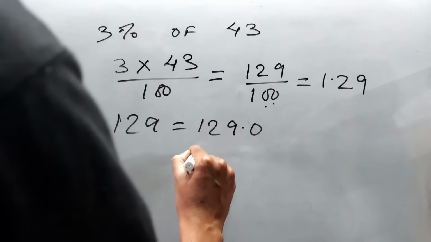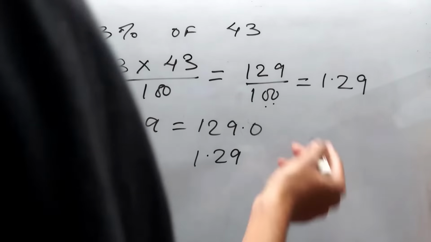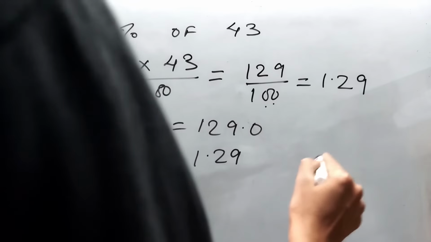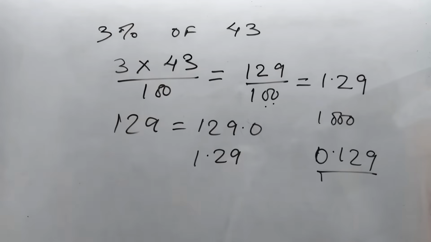So definitely it will be 1.29. In the same way, if we are going to divide it with one more zero, that is 1000, definitely one more digit will move, that will be 0.129. Easy.